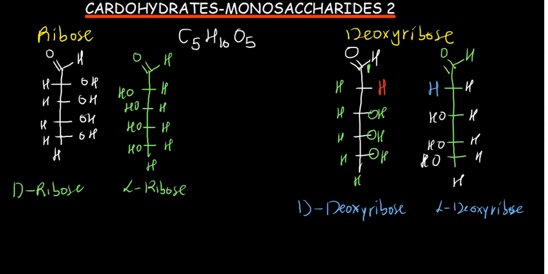Carbon number 2. We can see for D ribose it had OH, but for deoxyribose it doesn't have an O, it just has an H. And when it comes to L ribose, there's an OH here, but here there's only an H. So deoxyribose has lost one oxygen at carbon number 2. So that's the difference.